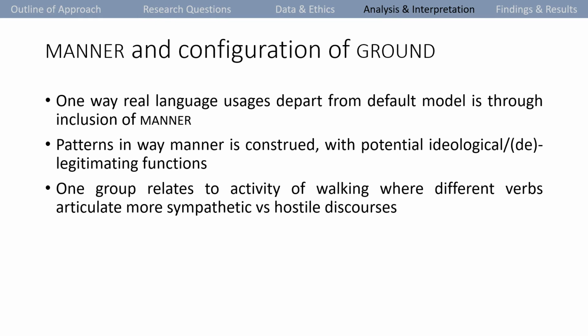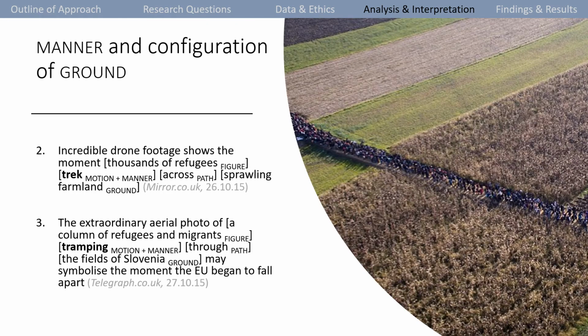When we search our data for motion verbs referring to the process of immigration, we begin to see some patterns in the way that manner of motion is construed. For example, one group relates to the activity of walking, where different verbs articulate more sympathetic versus hostile discourses. These verbs include verbs like trek and tramp.